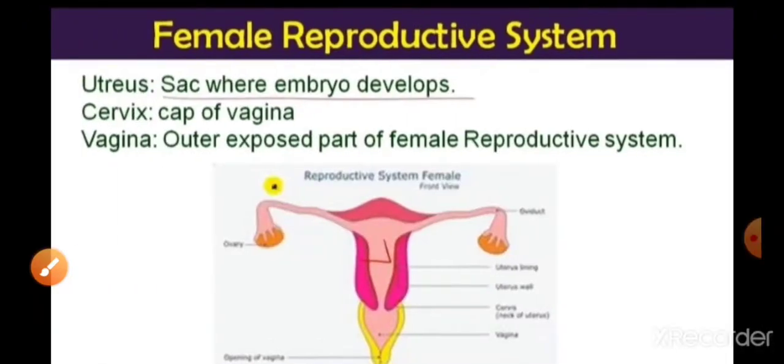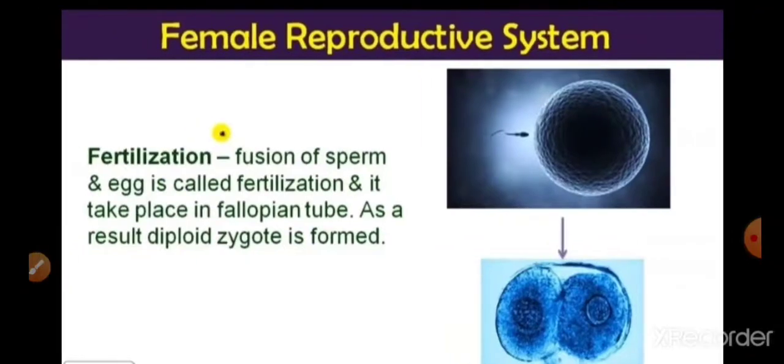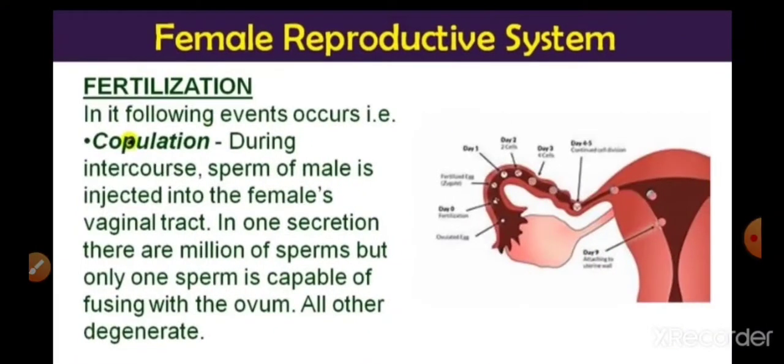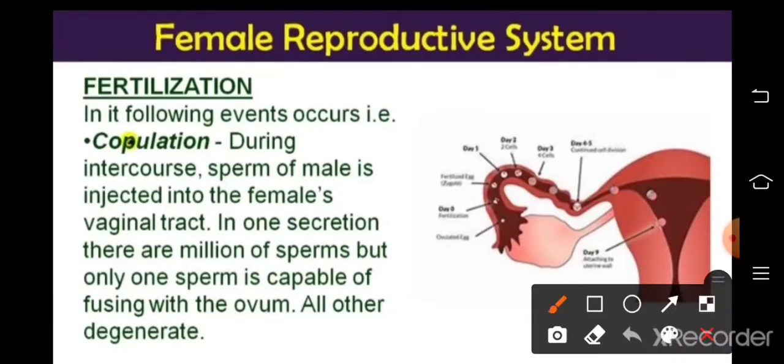I have discussed ovaries in detail and what ovulation is. In the second case, what is copulation? During intercourse, the sperm of the male is injected into the female's vaginal tract.